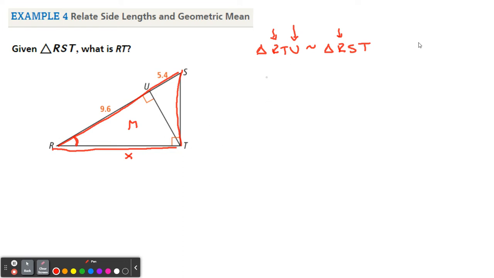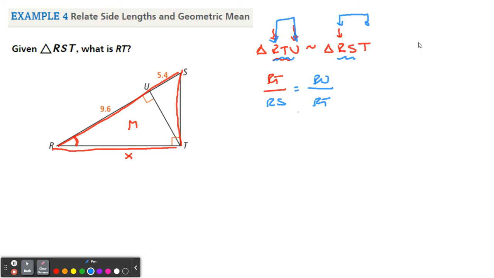Okay, so now I want to find RT. RT is in both triangles. It's here, and it's also here. So RT in the medium triangle corresponds to RS in the big triangle. And then RT in the big triangle corresponds to RU in the medium triangle.